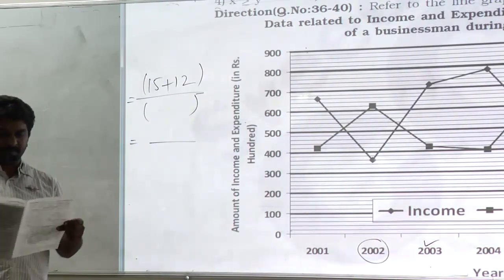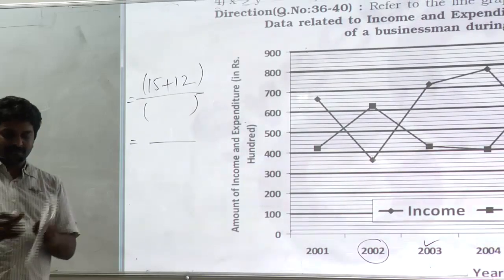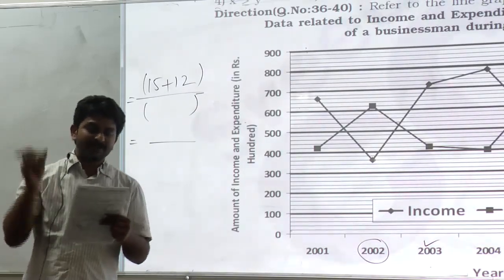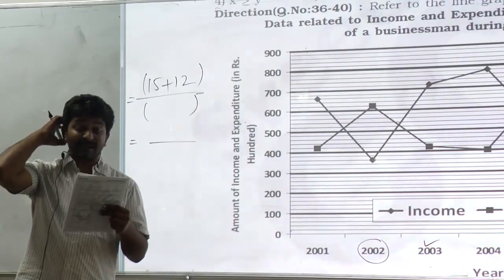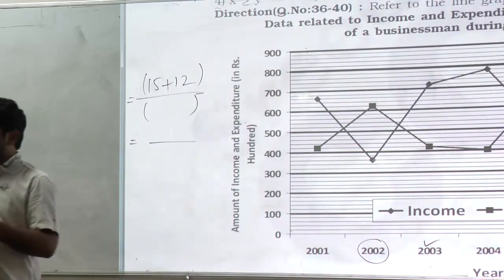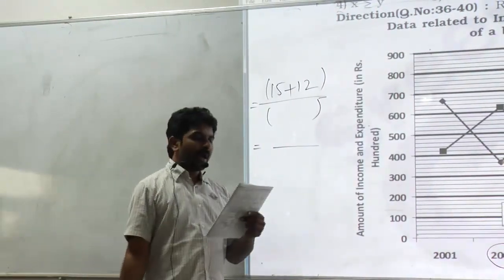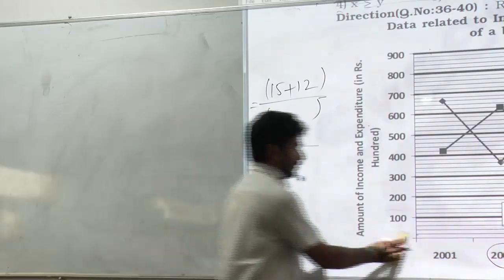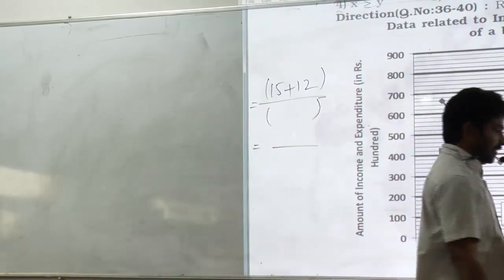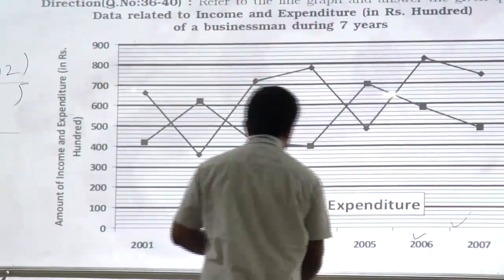Next. 37. What is the average profit earned by the businessman in 2001, 3, 4, 6 and then 7? Average profit. 1, 3, 4 and then 6.